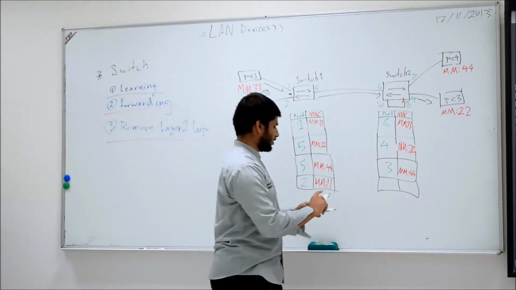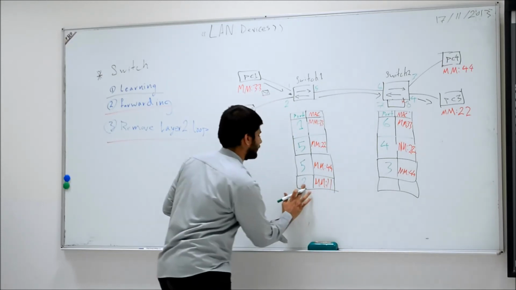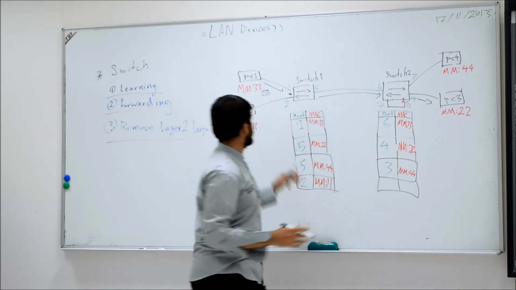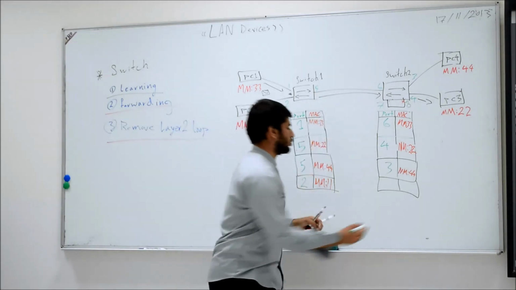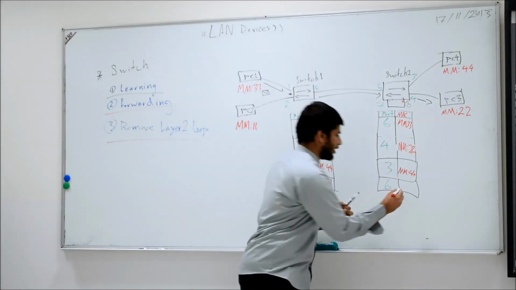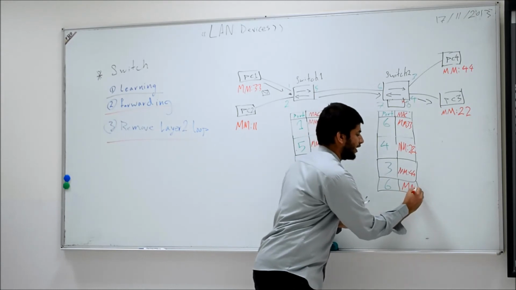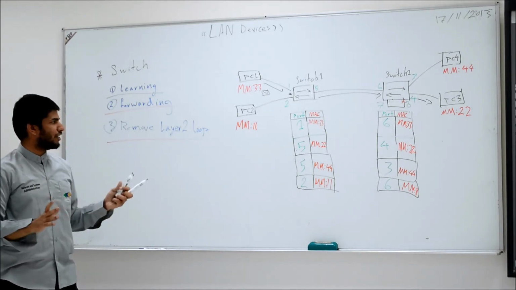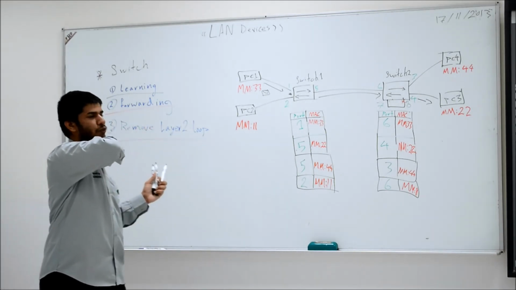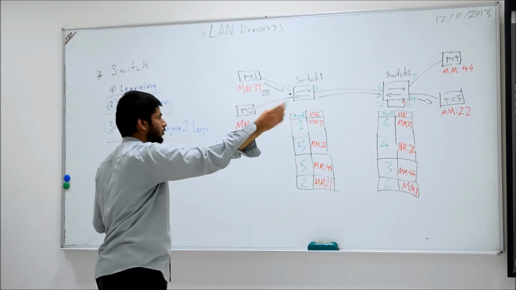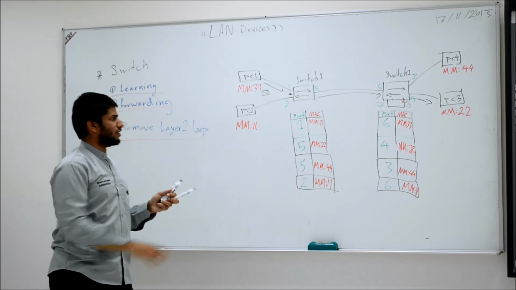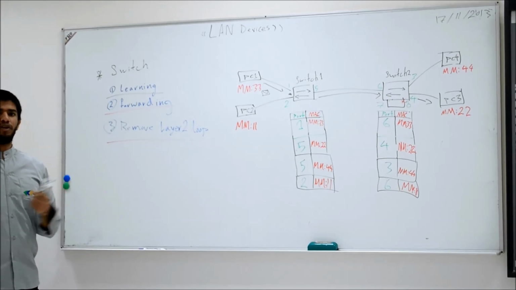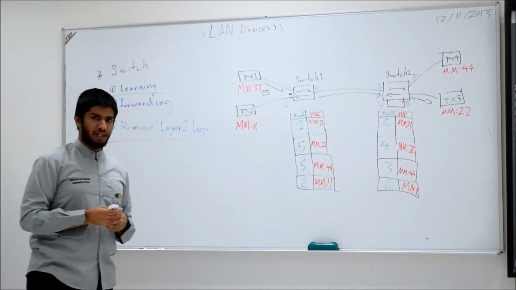So here we have port 2 of PC2, and here we go to port 6, and it will record MM1 in port 6 on switch 1. So guys, I think it's clear. When you send the message from PC3, as we said, it will be forwarded to PC2. Okay, this is the table, and this is learning, forwarding and removing the layer 2 loop. I think it's clear. Thank you everybody for paying attention, and that's it.